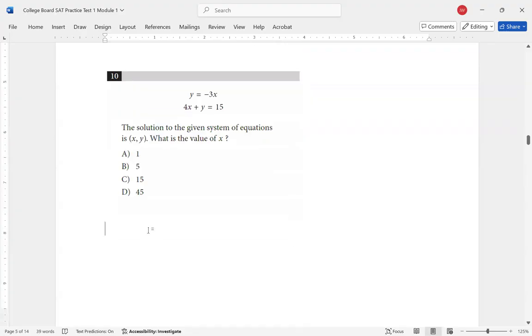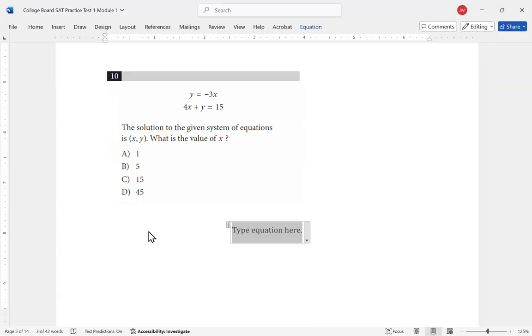Question number 10 says y equals negative 3x, 4x plus y equals 15. The solution to the given system of equations is x comma y. What is the value of x? So what we would do in this case is we'd start to solve this system of equations.